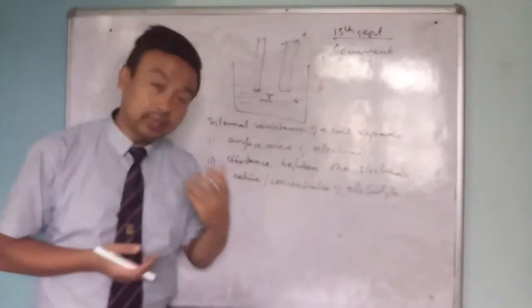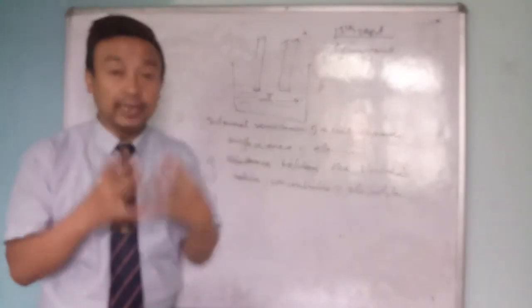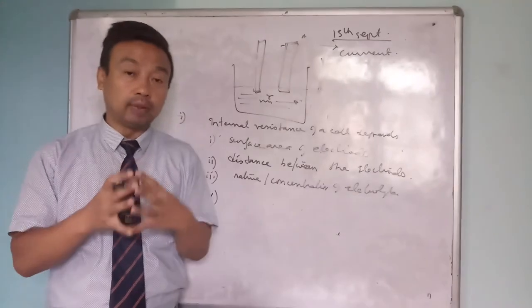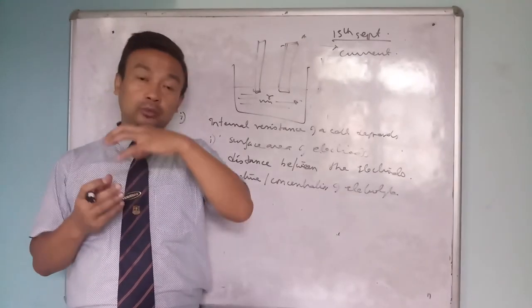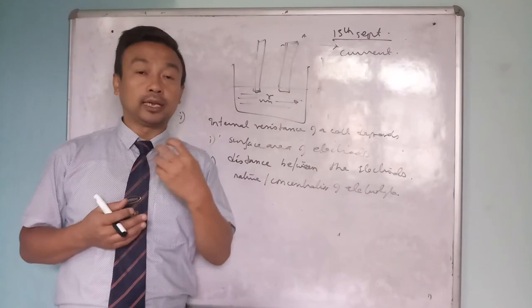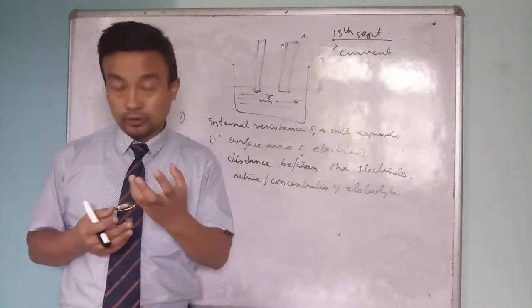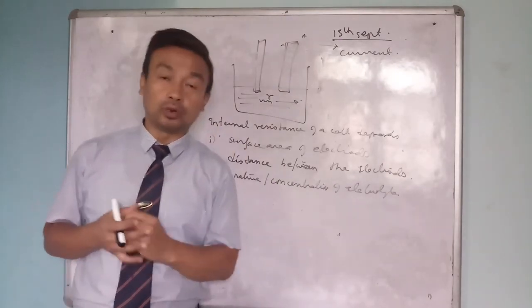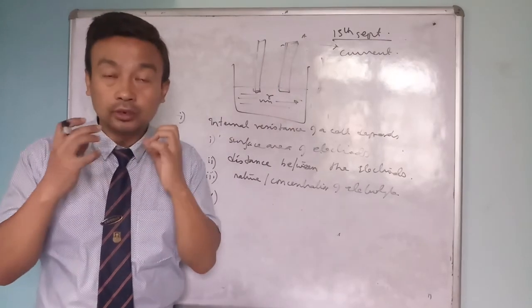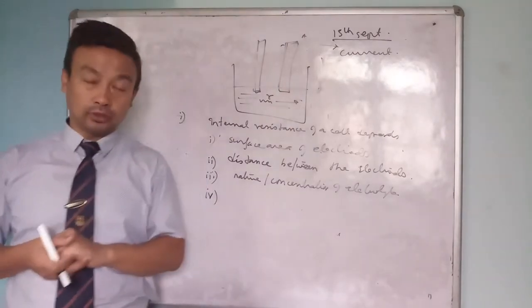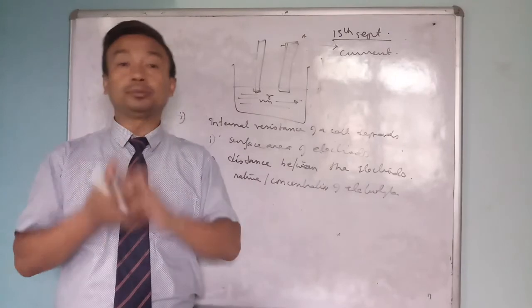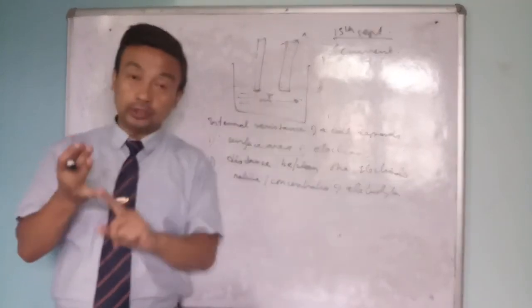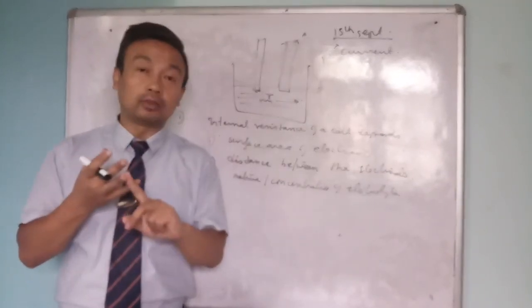We can have more than one resistor and they can be combined, and with this combination of the resistances we can control the flow of the current. So that is the next topic, which is called the combination of the resistors. Basically there are two types of combination, the series combination and the parallel combination.